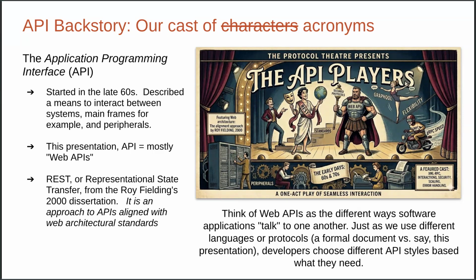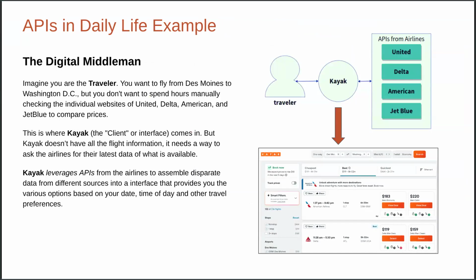Now, in truth, you probably don't go a single day without interfacing with APIs, right? Whether you're getting your weather, calling an Uber, ordering food, or, as in this example, looking up flights, a lot of times we're dealing with APIs and they become that digital middleman. If you're traveling, you would leverage something like Kayak or Google Flights. They don't hold all the information about all the flights from all the providers.